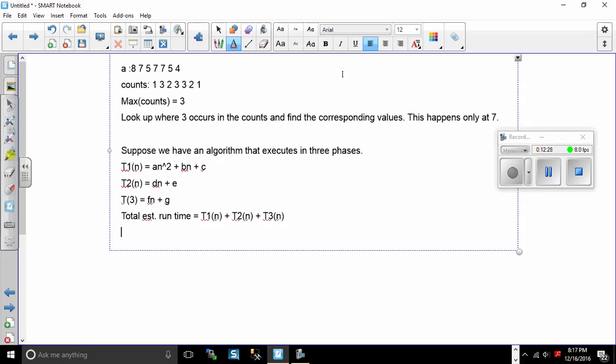The algorithm's runtime is still second order, which is still big O of n squared. So order estimates are not additive. That's one of the takeaways of this particular note.